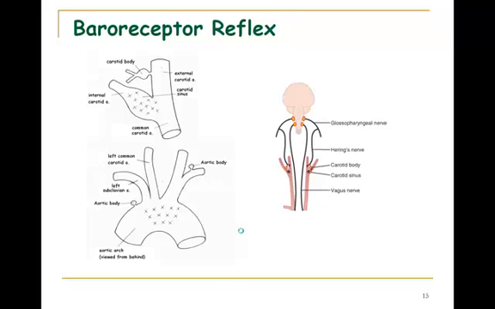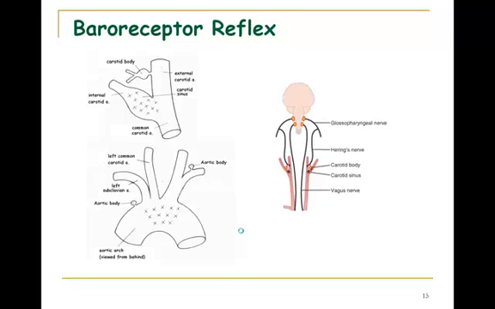They have what we call spray type endings, where if there is a stretch, these endings spread out or expand. If that happens, they will increase their firing rate. If they're not stretched, the nerve endings don't get spread out and the firing rate is less.